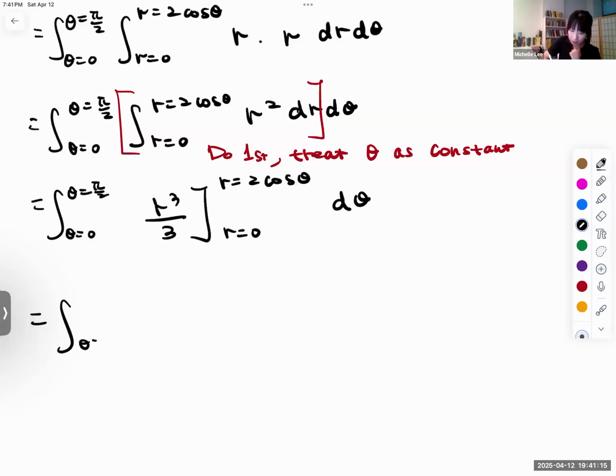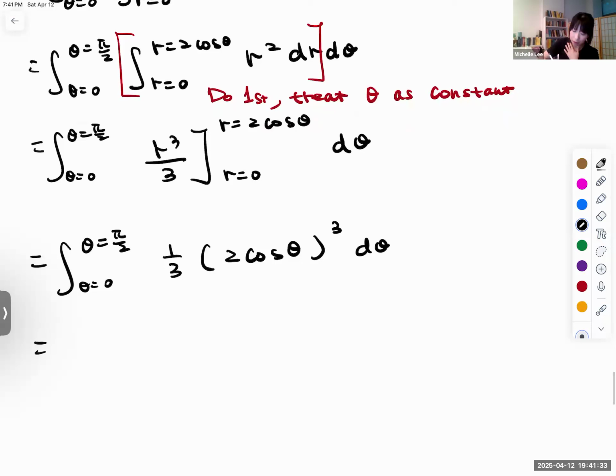Okay, so there will be 1/3 times 2 cosine theta to the third power d theta, right? Okay, so there will be 2 to the third power, 8 over 3 cosine cubed theta d theta, right?